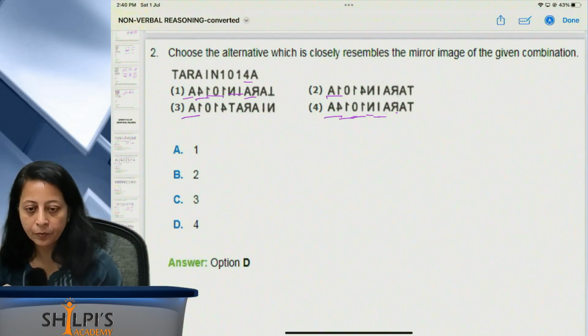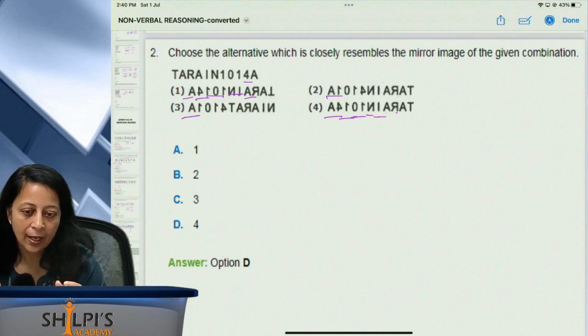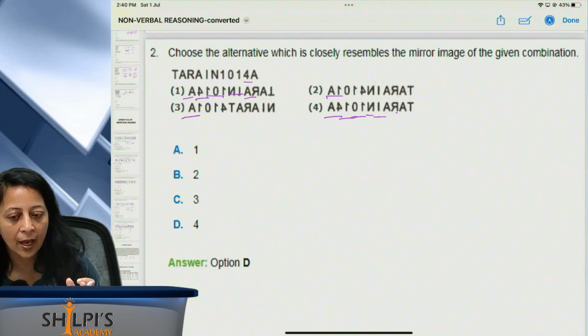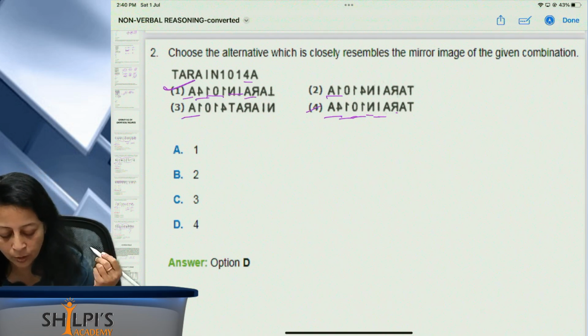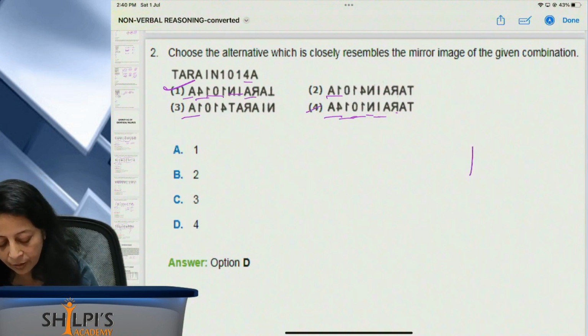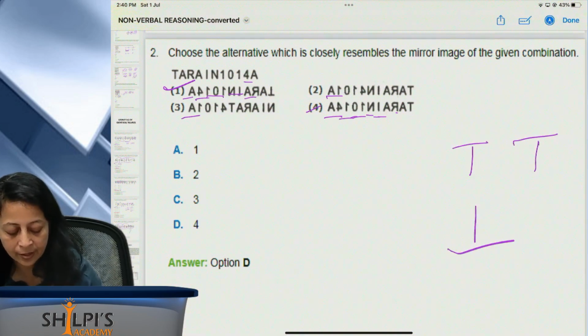So first just check, Tara means T-A-R-A-I-N, so it should be like A4101, N-I-A-R-A-T is given. You can see that options 1 and 4 are both chosen perfectly. Now T is the first letter. The mirror image could be only T, it cannot be like this, right.